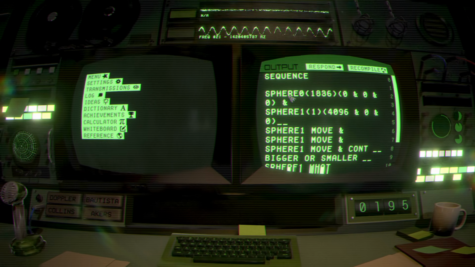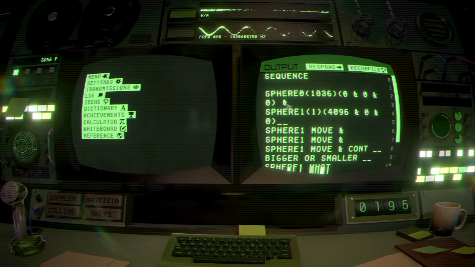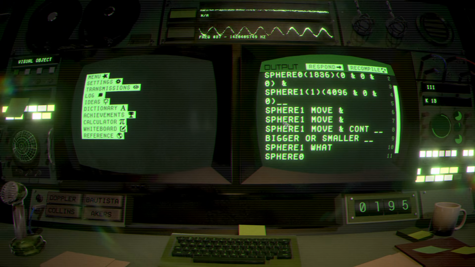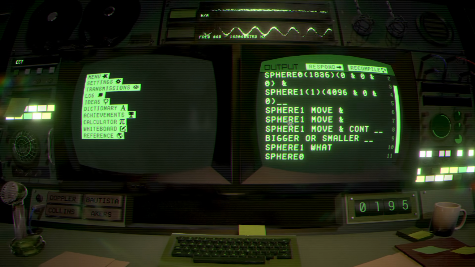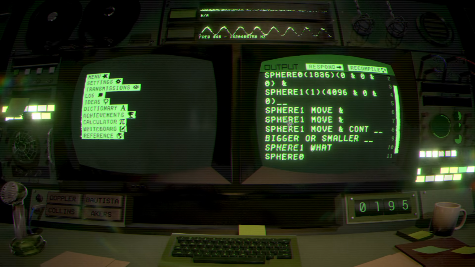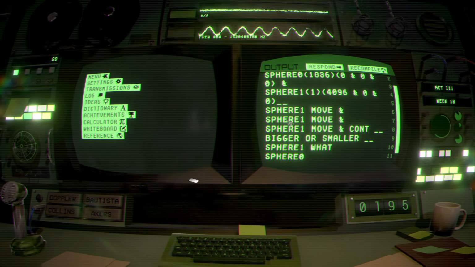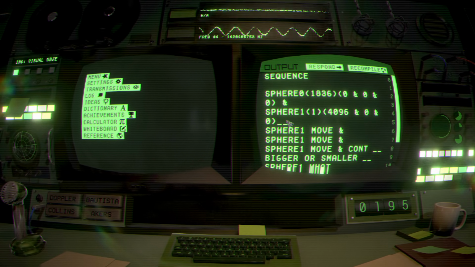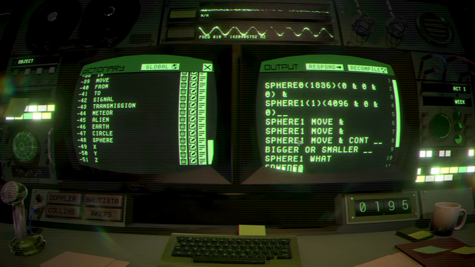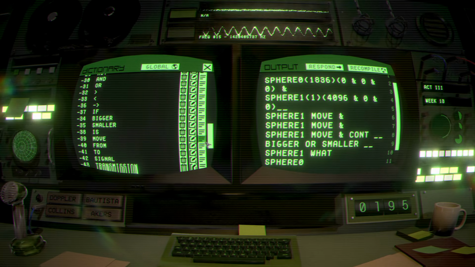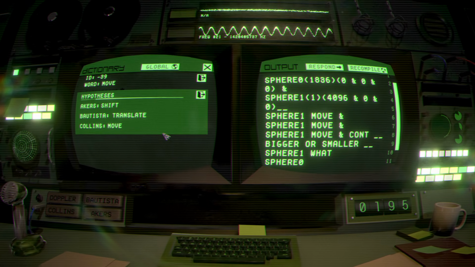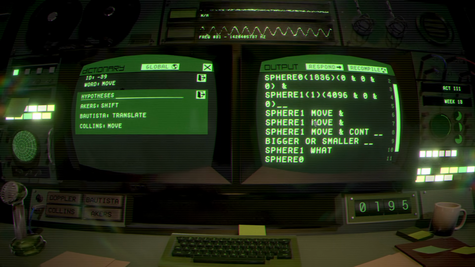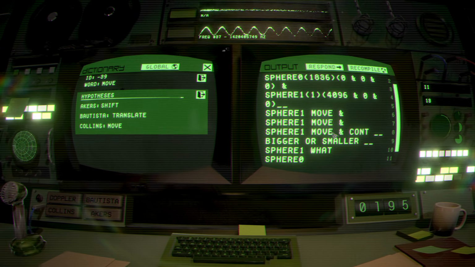Wow. Okay, so we have a huge sphere and a tiny sphere way up high. Okay, first off, I'm instantly thinking signal for move might be something else. Because sphere 1 move and sphere 1 move and sphere 1 move.